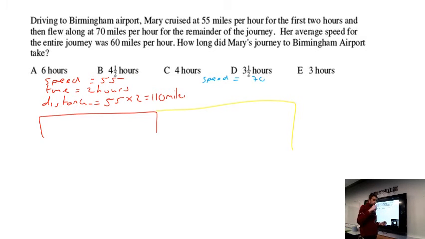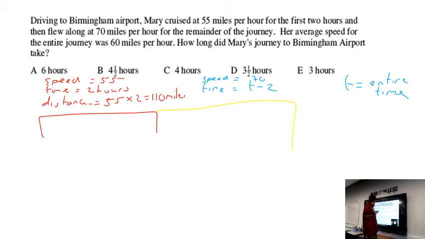So time traveling to Birmingham by car and then by a plane. So t is the entire time. So here, time is equal to, since 2 of those hours was used for driving, this is going to be written as the entire time minus 2.